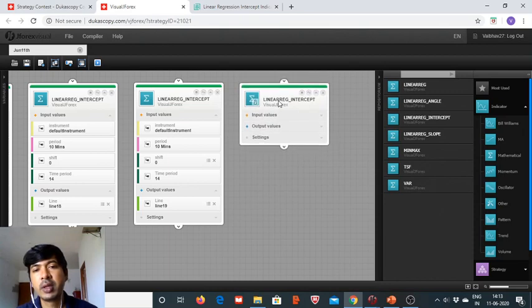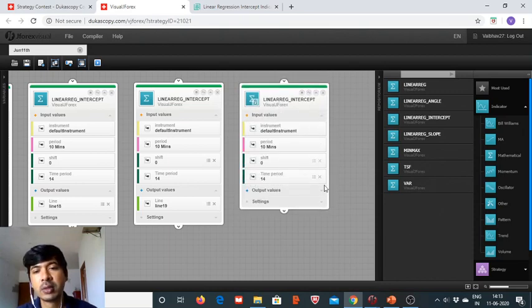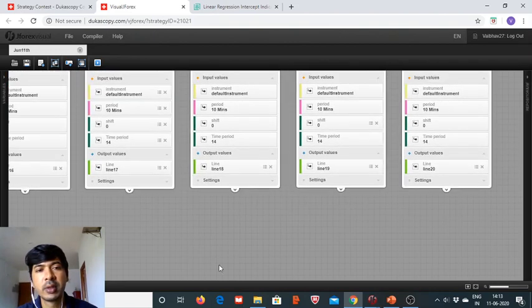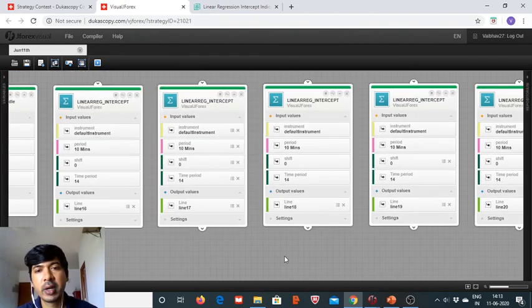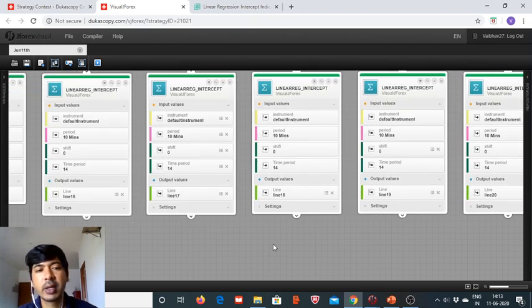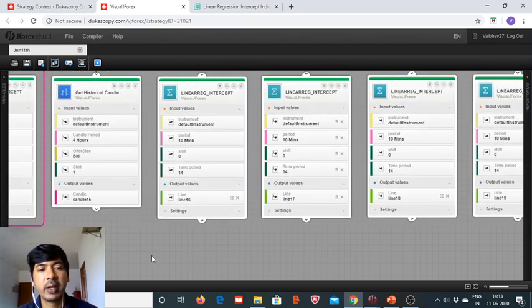So here we got these 5 linear regression intercept candles defined at 1 hour. We are yet to define it. We need to define it at 1 hour each.